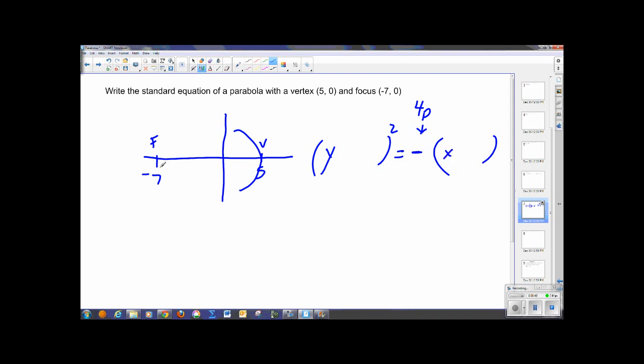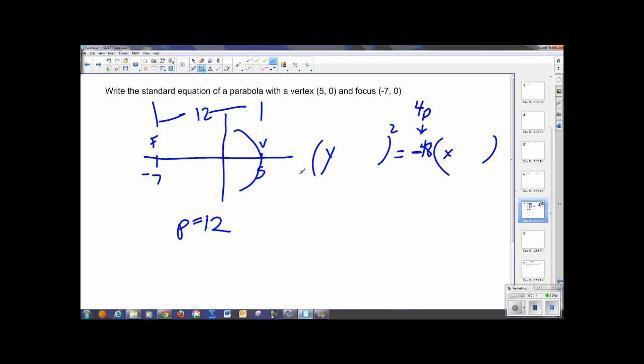So I take a look at the distance between the vertex and the focus, and I see that this distance here is a total of 12. And 12 happens to be my p distance. So 4p then is 4 times 12, or 48. And since it opens to the left, that's got to be negative.